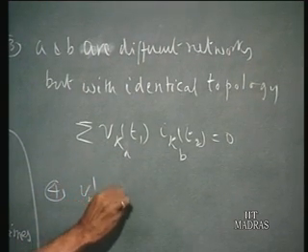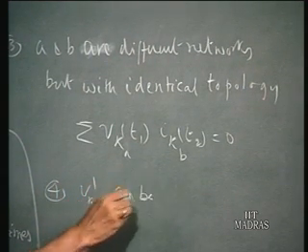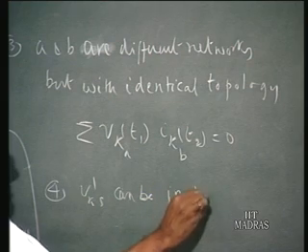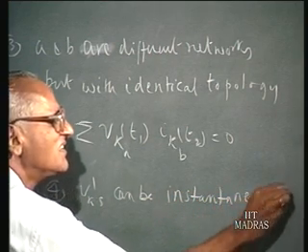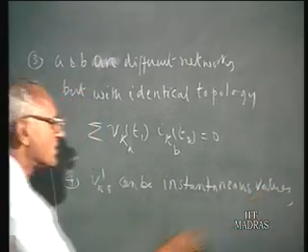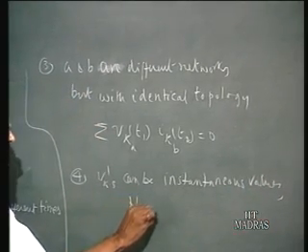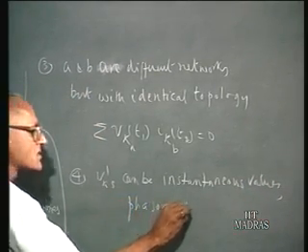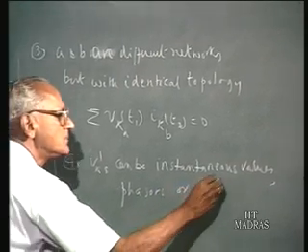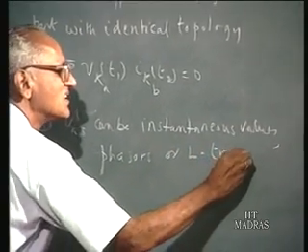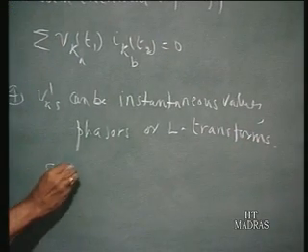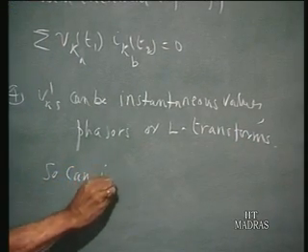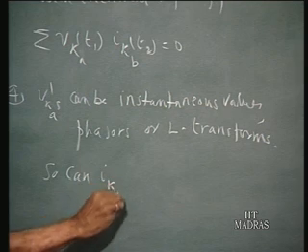Vk's can be instantaneous values, phasors, or Laplace transforms. So can IKBs.